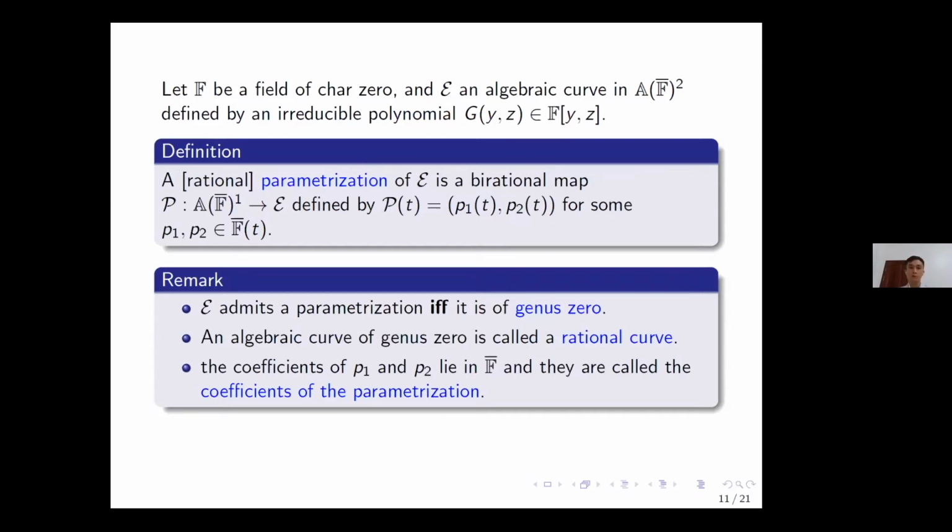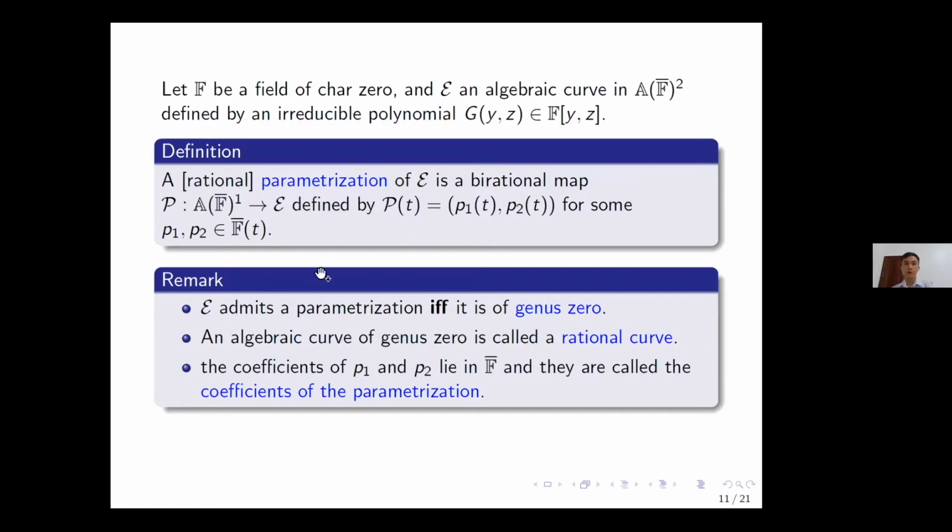Then a rational parameterization of E, and sometimes I remove the word rational and just say a parameterization of E, is a birational map from the affine line over F bar to E. And it is defined by a pair of rational functions P1 and P2 with coefficients in F bar.